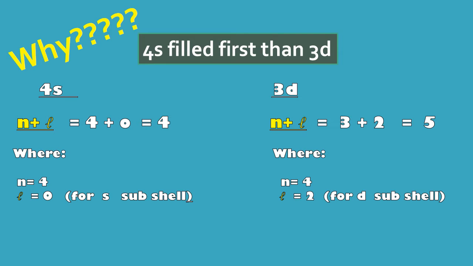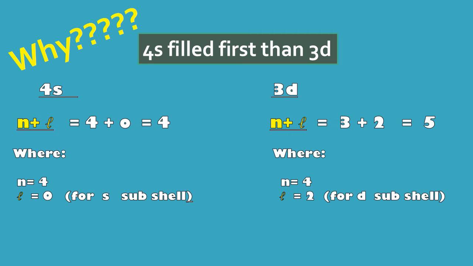Friends, as you know, the 4s subshell is filled first with electrons, then the 3d subshell, because of less energy. Here is a proof. Here I use the n plus L rule to find out the energy of the 4s and the 3d subshell.